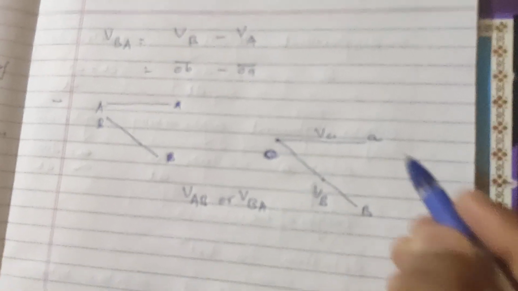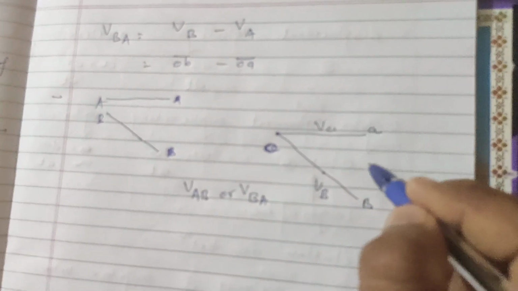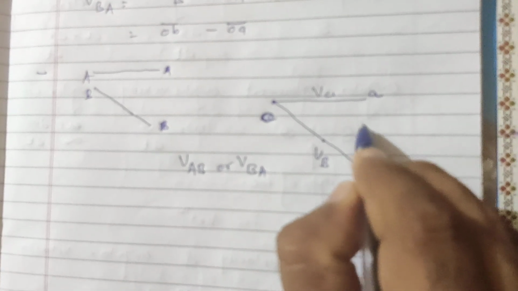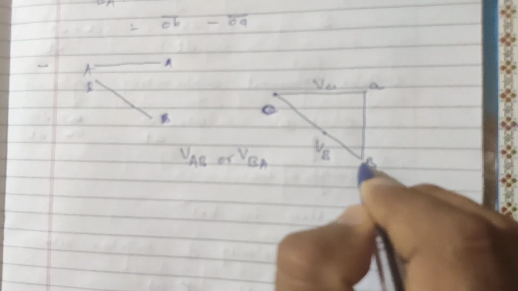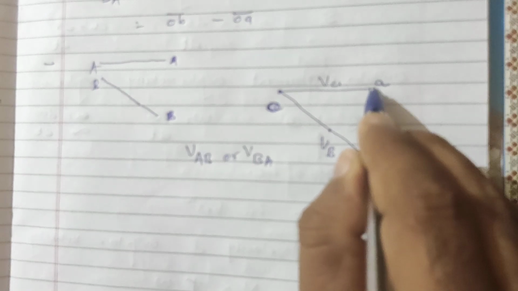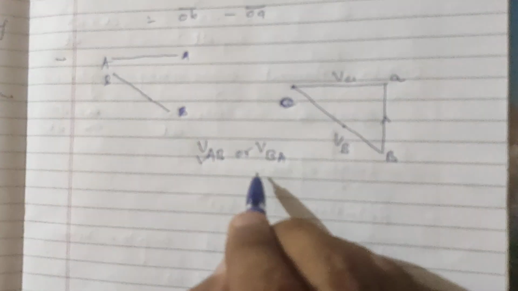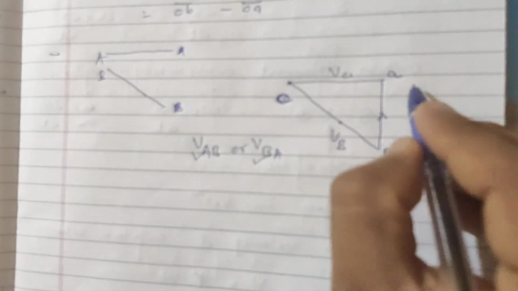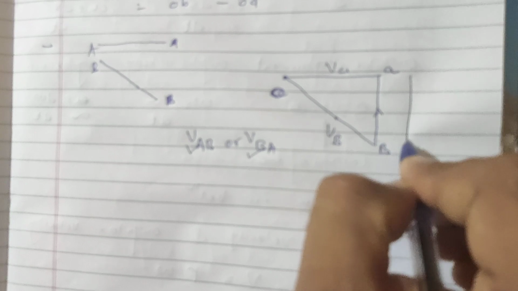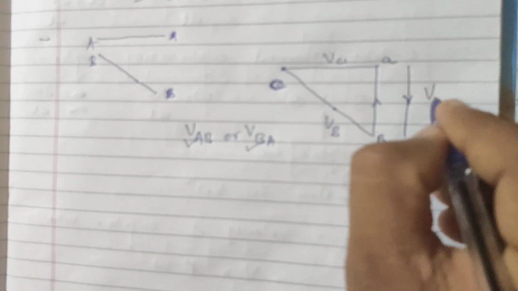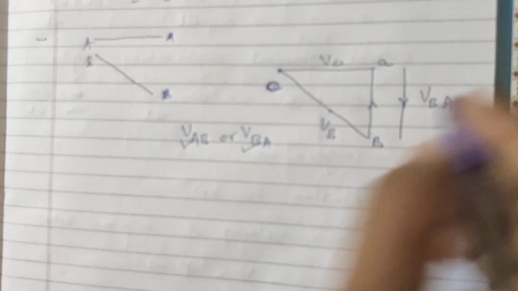If you want to find VAB first, then from B we have to join A, so it moves in this direction. When we have to find VBA, then from A we move in the lower direction, so it is VBA. Clear?